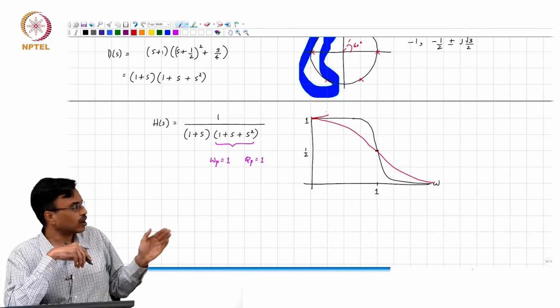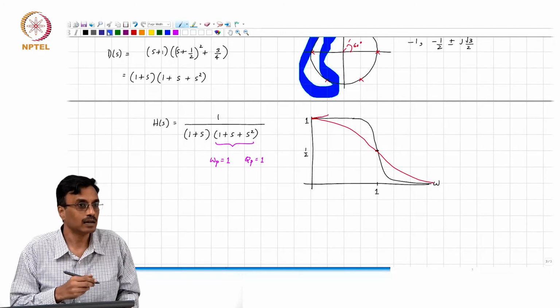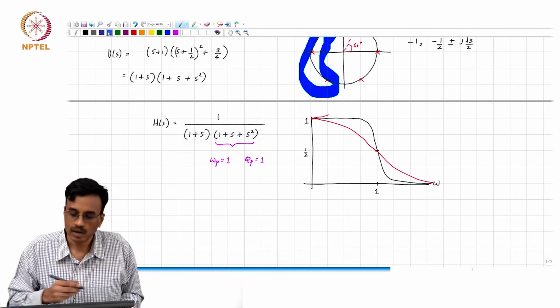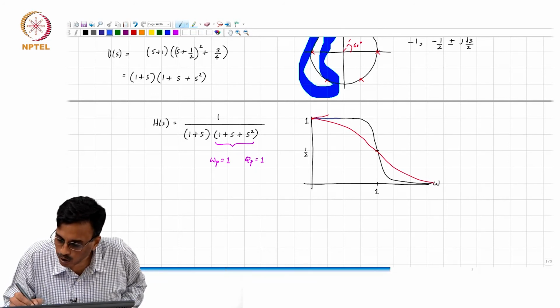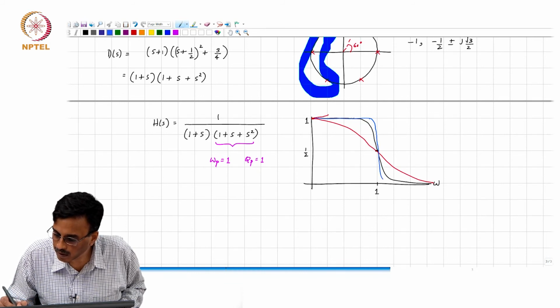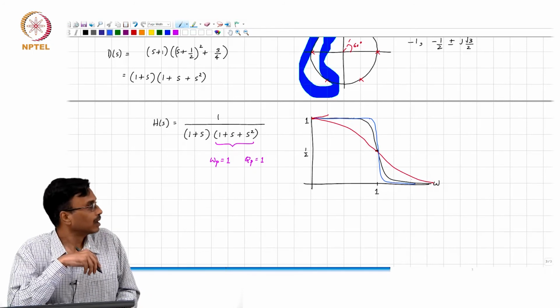And the overall third order response will look like what? How will it be compared to the second order Butterworth response? It will be even flatter than the second order one, so it will probably look like this, right?